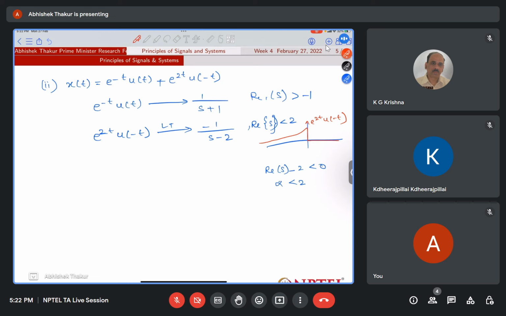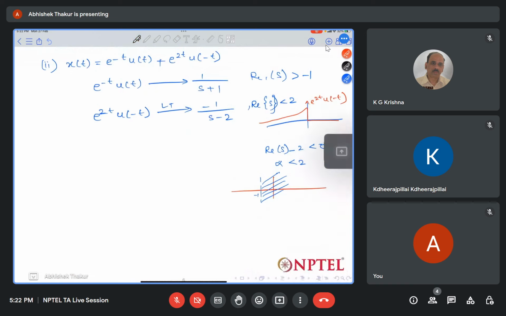So what will be the intersection of these two? This is greater than minus 1, and let's suppose this is 2, so this is less than 2. So this area is the region of convergence, that is minus 1 to 2.